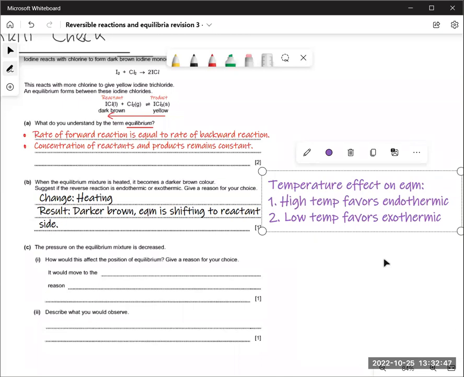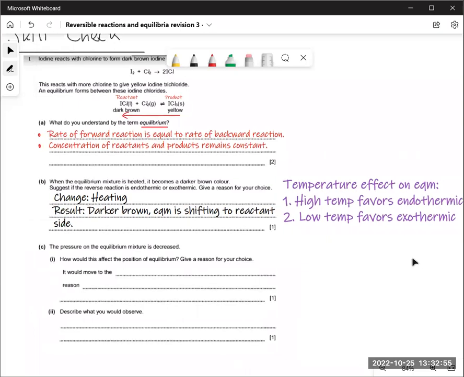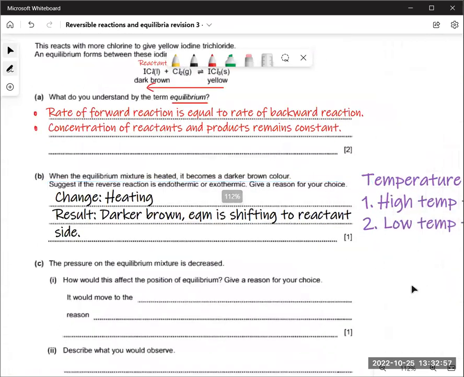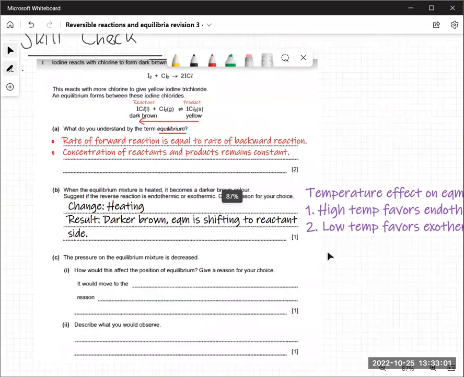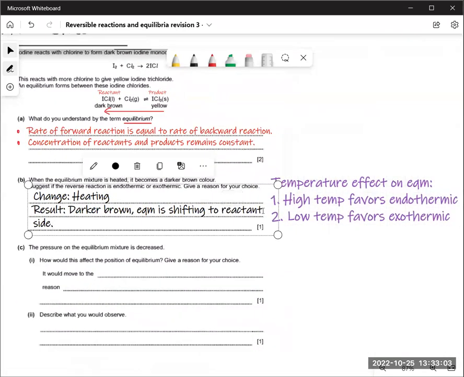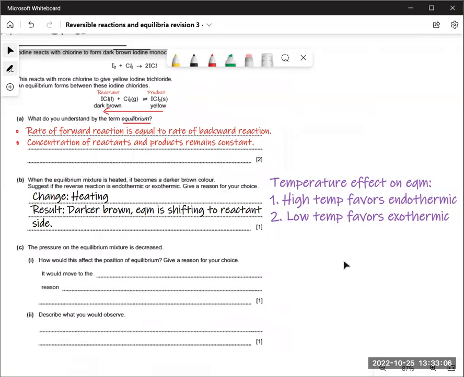Temperature effect on equilibrium. High temperature favors endothermic. Low temperature favors exothermic. Okay. So now I'm heating it, and equilibrium is shifting to reactant side. So what do we realize about reactant side? That the reactant side is heating up.